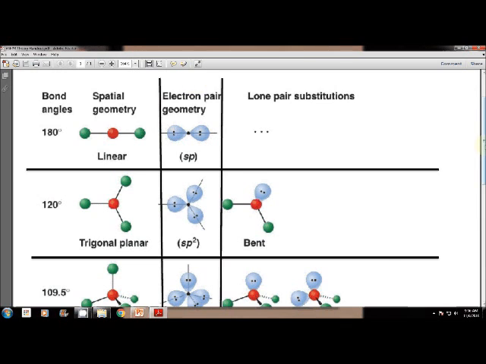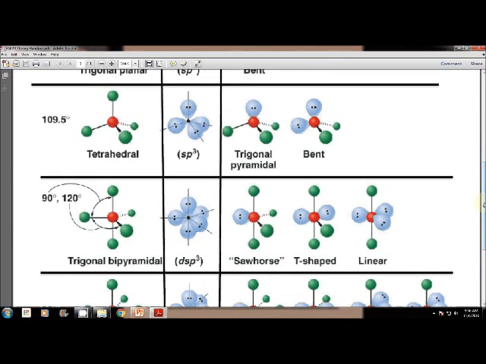Okay? So, for example, if you say that something is tetrahedral, is the shape in the name because it's a 4, 0, that's 4 total groups coming off, so we're going to call that sp3. Okay? So this sheet has all the answers for you. You just have to know how to use it. Okay? So let's try it out.